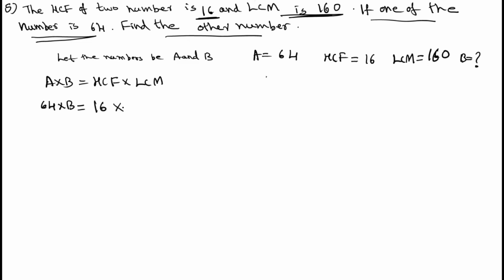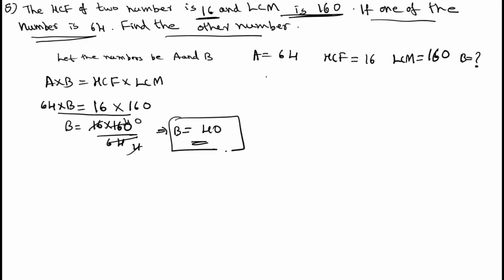HCF is 16 into LCM. LCM is equal to 160. We want the B value, so rearrange this equation. B is equal to 16 into 160 divided by 64. Simplify this one. 16 ones are 16, 16 fours are 64. Then 4 fours are 16, 4 40s are 160. So the answer is equal to 40. The other number, that is B, is equal to 40. So these are some important questions from exercise 1.3.